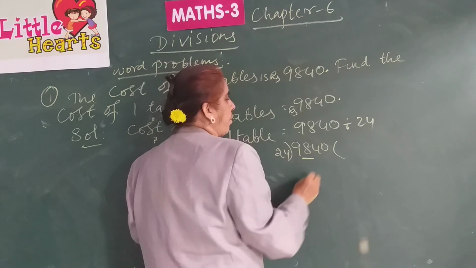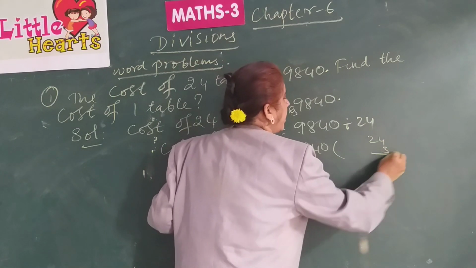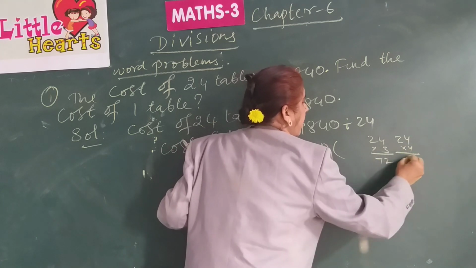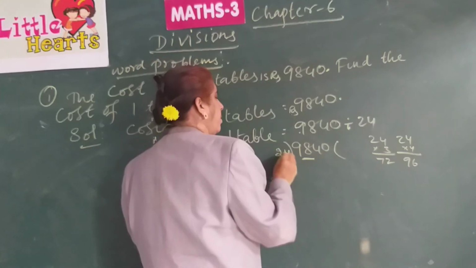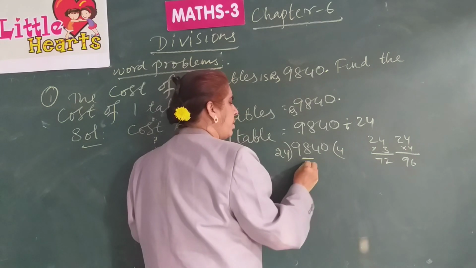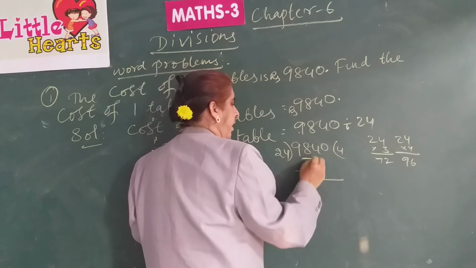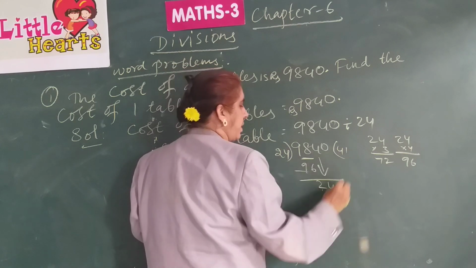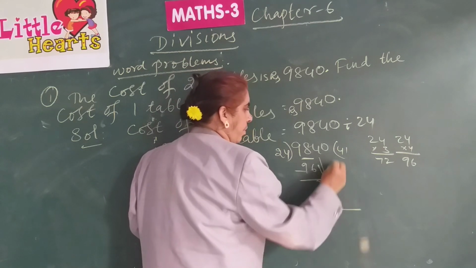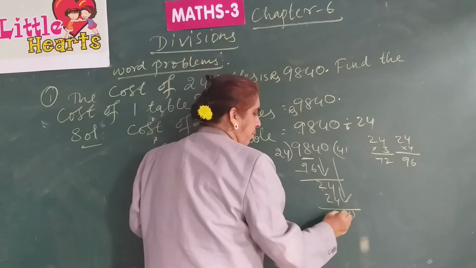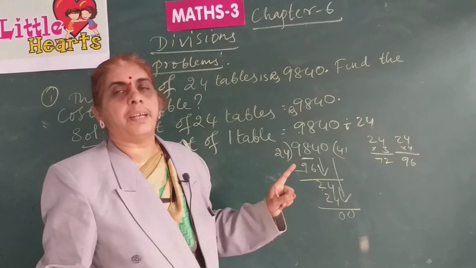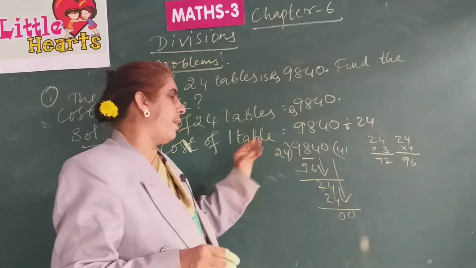Many cost is given, you are asked to find the cost of 1. So 24 threes are 72. 24 fours are 96. So we have to go with 24 fours are 96. 8 minus 6, 2, bring down 4. Now it's very easy. 24 ones are 24. Now 0. Whatever the number is brought down, that should be divided, whether it is smaller or greater than the divisor.